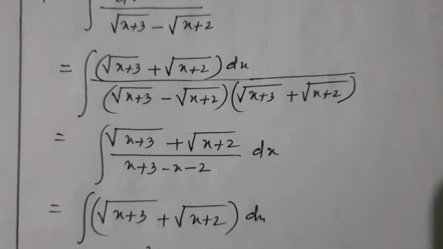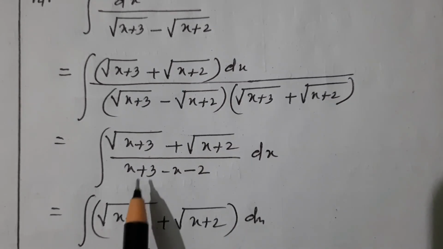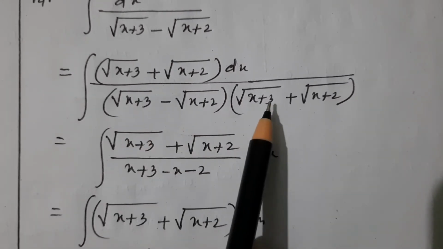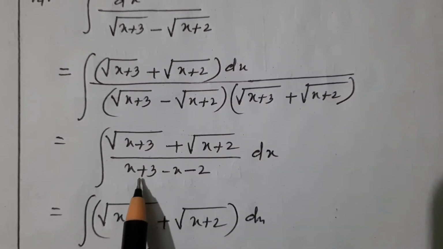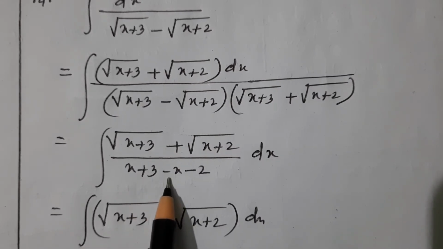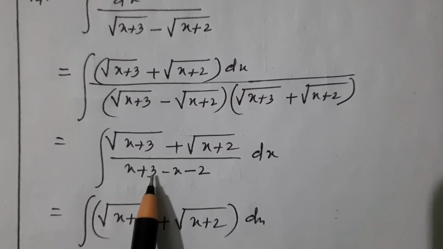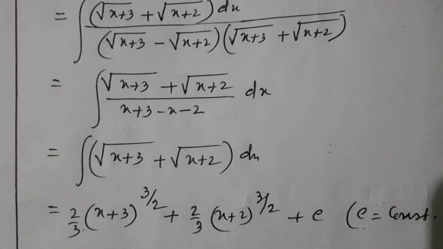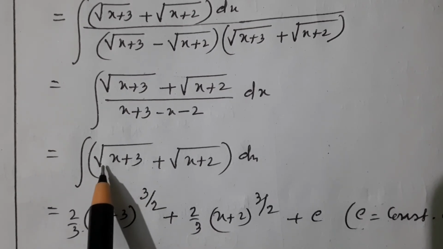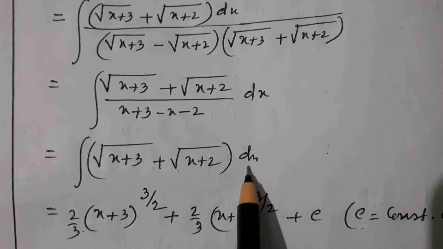If we simplify, we get integration of square root of x plus 3 plus square root of x plus 2 by a minus b into a plus b. If we apply the formula, we get x plus 3 minus x plus 2, that is 1, x is deducted, denominator is 1. So we simplify, we get integration of square root of x plus 3 plus square root of x plus 2 whole dx.